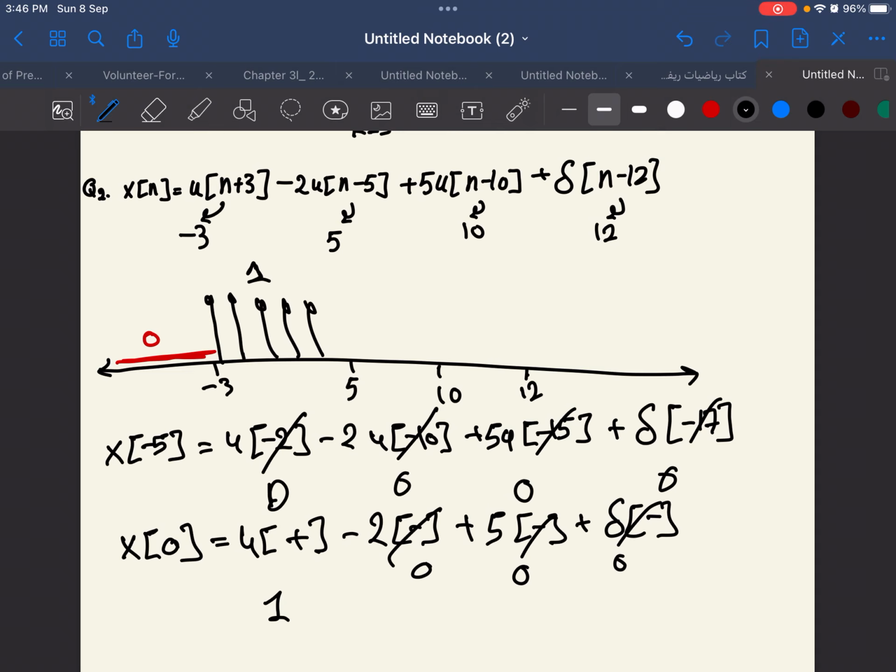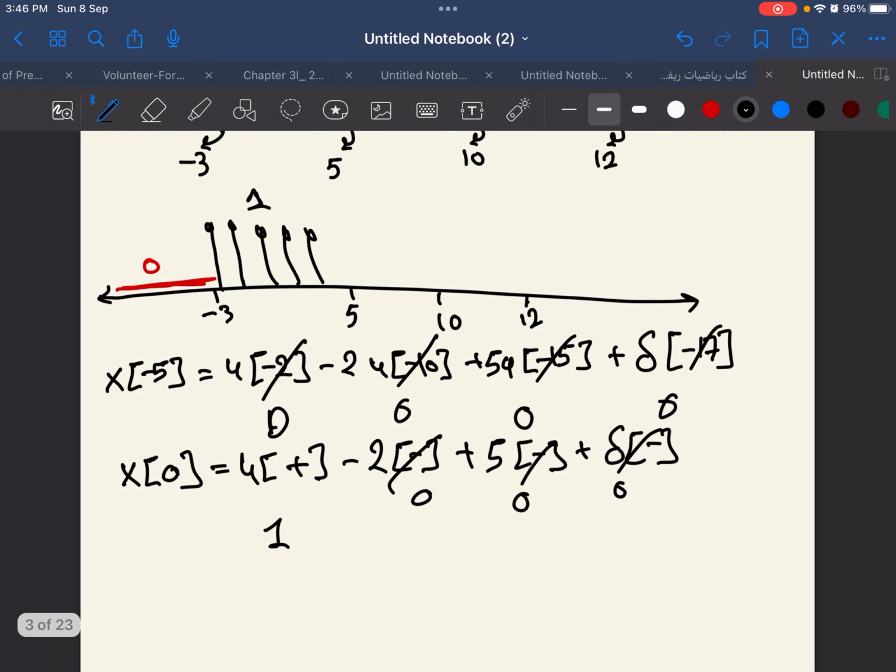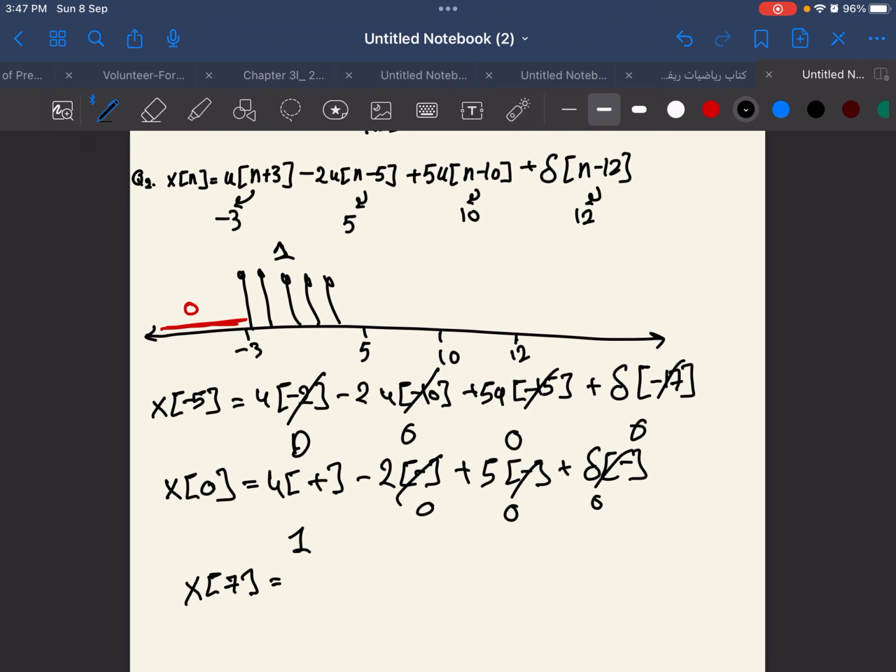Now let's see for the 5. We can examine the 5 point, or we can pick a number between 5 and 10. So let's say we will choose 7. So u here will be a positive number, minus 2 also a positive number here, plus 5 u here a negative number, plus delta a negative number.